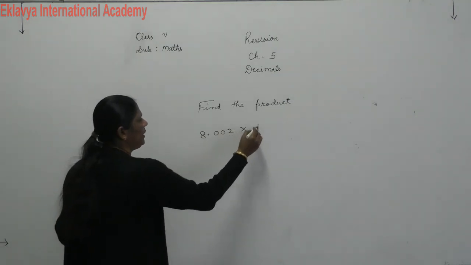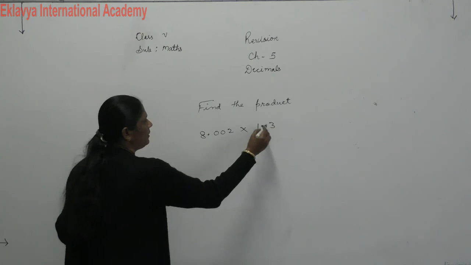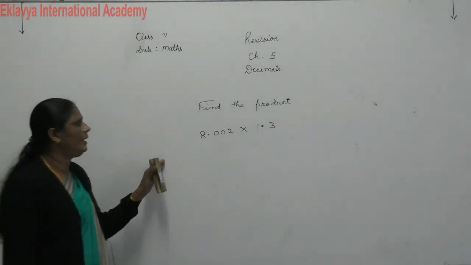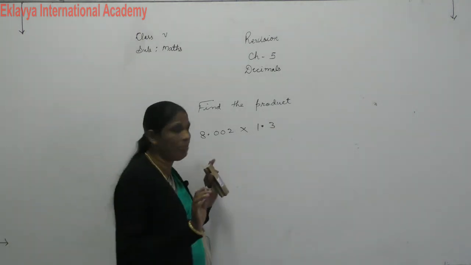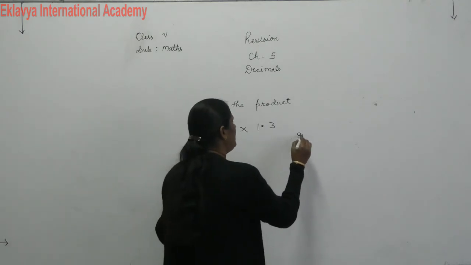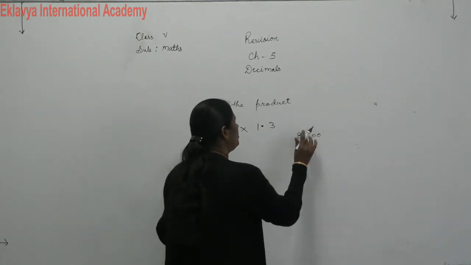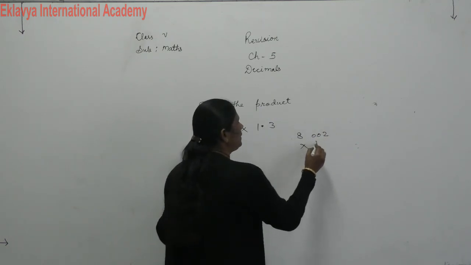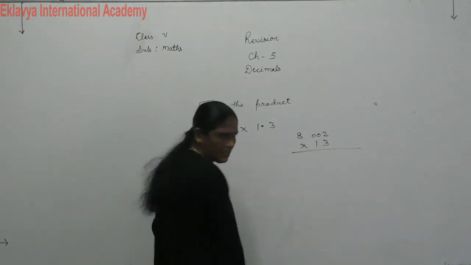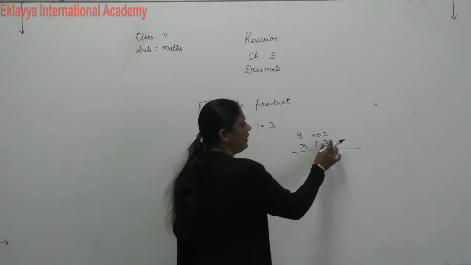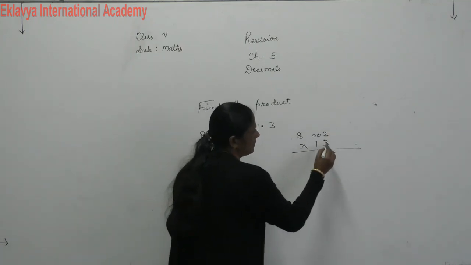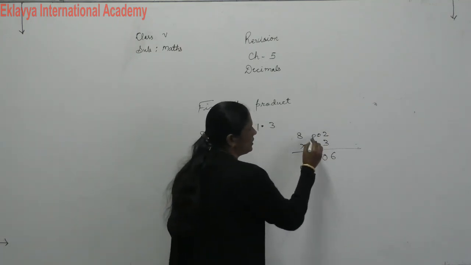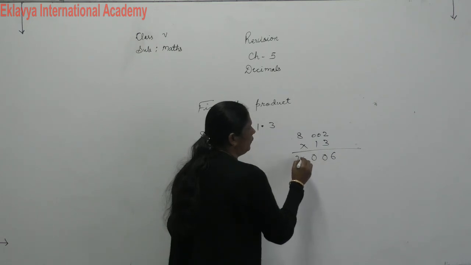8.002 multiply 1.3. Then first you do simple multiplication. 8.002, don't put the decimal, multiply 2 by 13, simple multiplication. Then 3 twos are 6, 3 zeros are 0, here 0, 24.